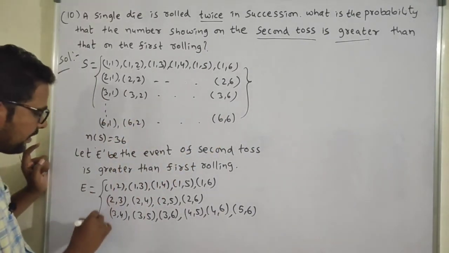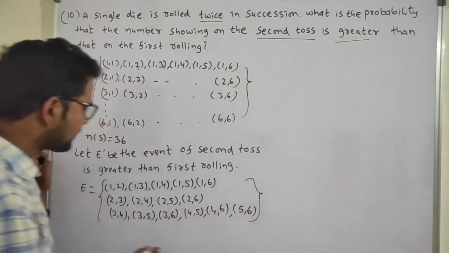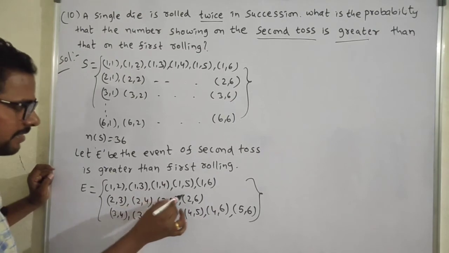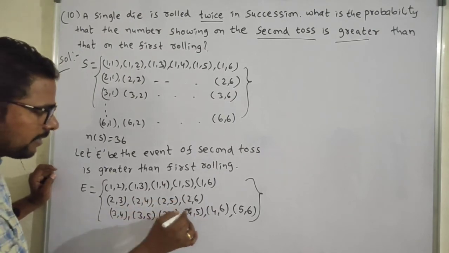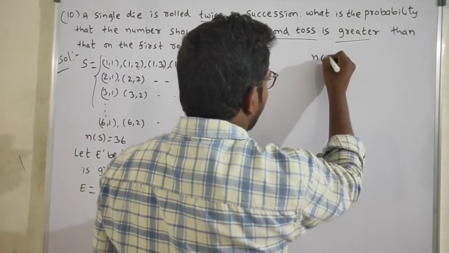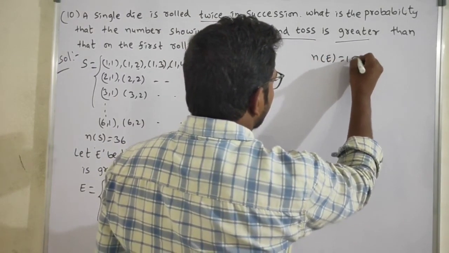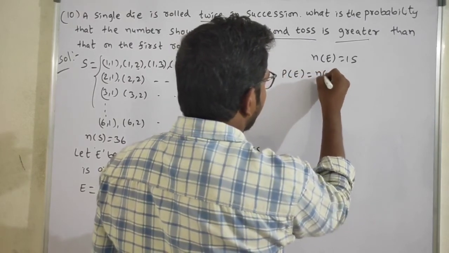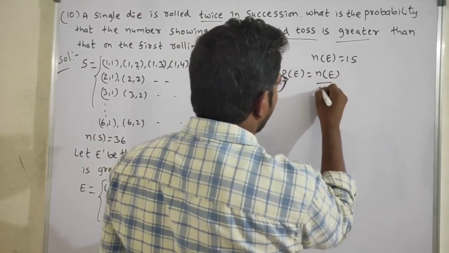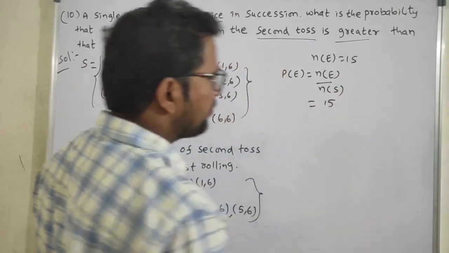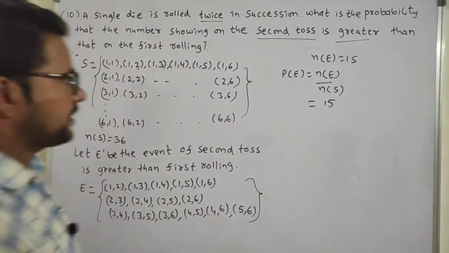So this is the event E. How many results are there? 1 2 3 4 5 6 7 8 9 10 11 12 13 14 15. N of E is equal to 15. So the required probability P of E is equal to N of E by N of S. N of E is 15 and N of S is equal to 36.